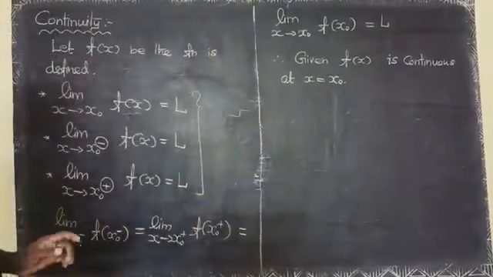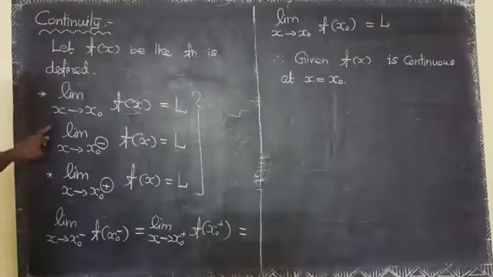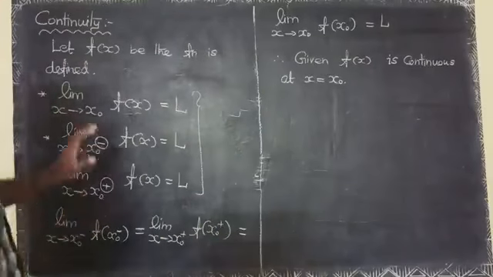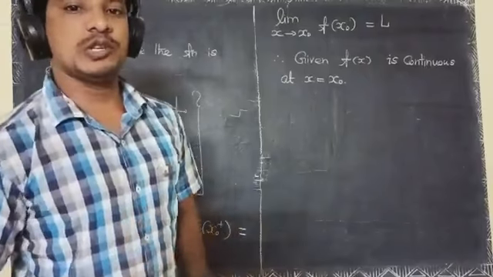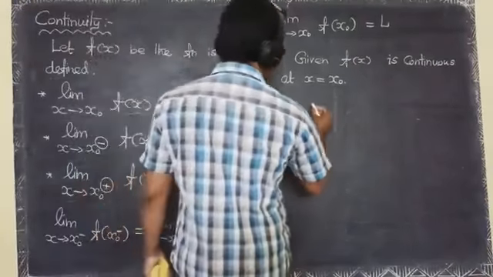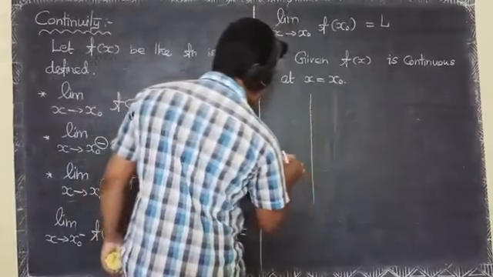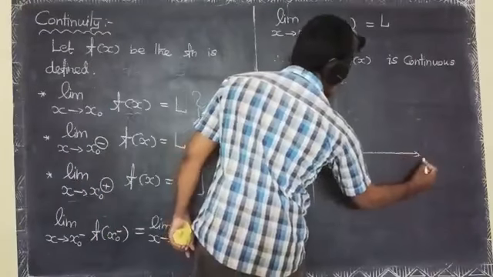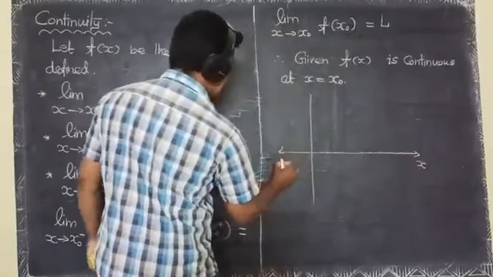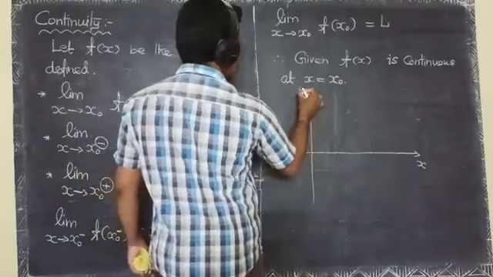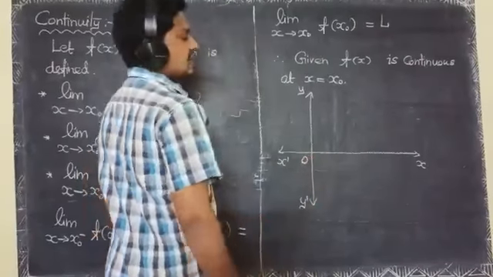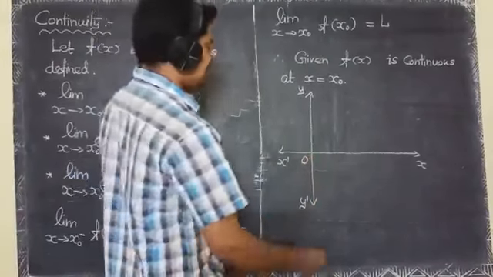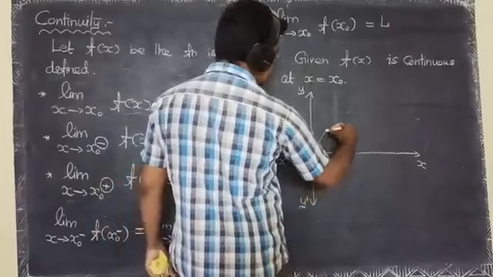Suppose it does not hold any one of the conditions, then the given function is discontinuous. To identify discontinuity in a graph with x dash and y dash axes, for example, we take the sin x curve.